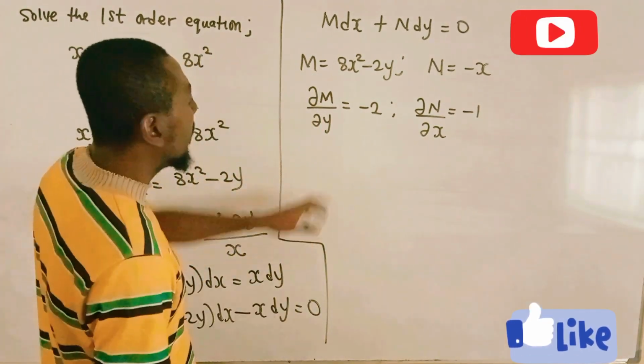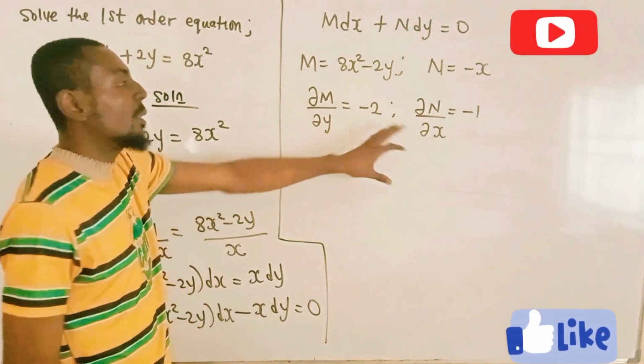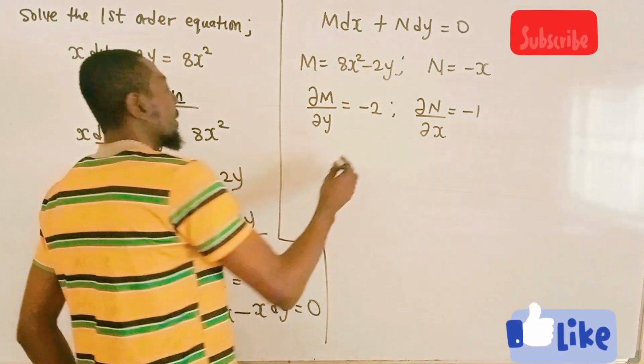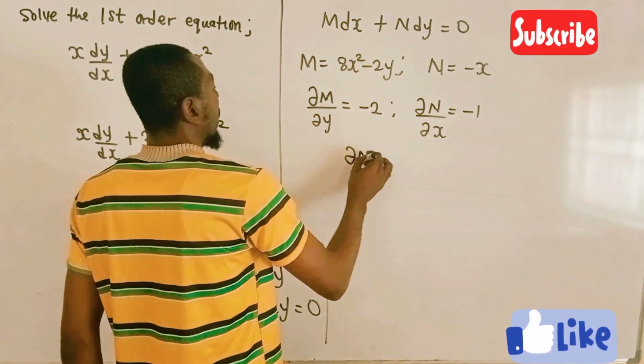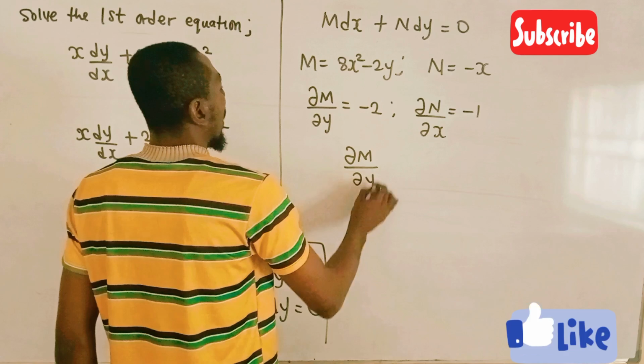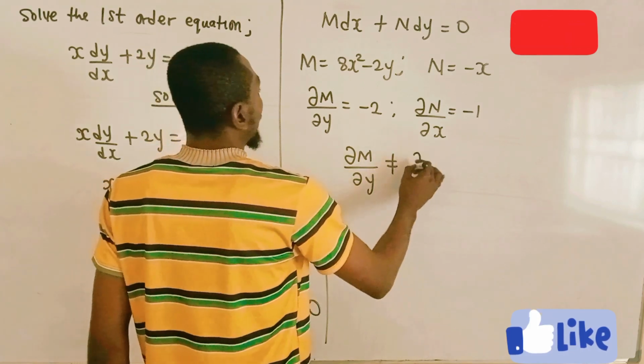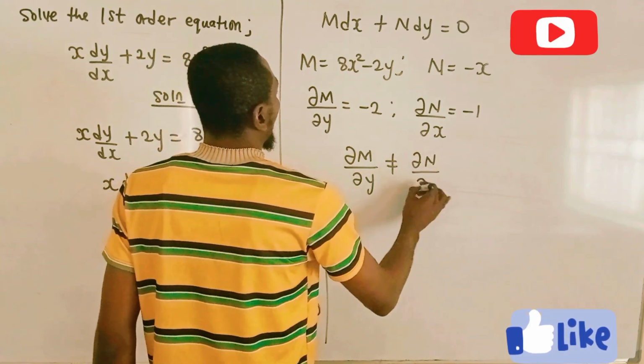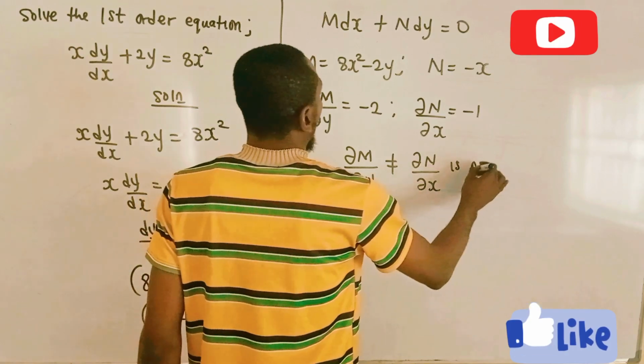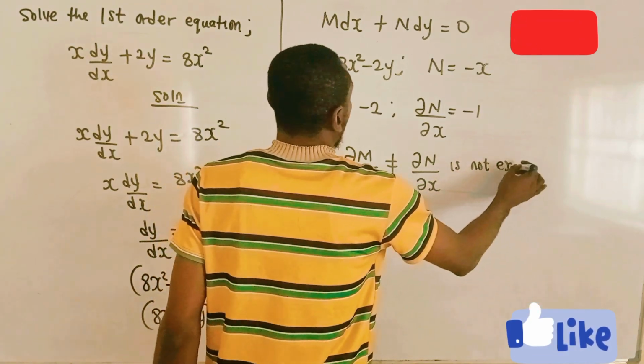Then if you watch, you find out that the equations are not the same. So this means that the partial differentiation of M with respect to y is not equal to the partial differentiation of N with respect to x. Then of course it's not exact.